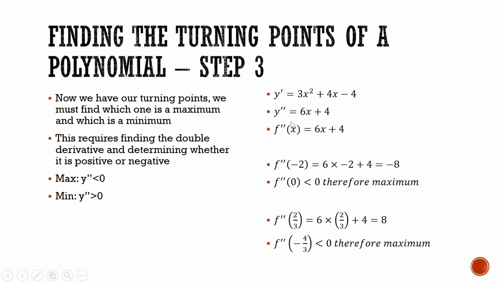So the derivative of our derivative is 6x plus 4. Substitute -2 in to get -8, so therefore it is negative. So at x equals -2, our turning point is a maximum. When we substitute in our second turning point, 2/3, we end up with 8, so this therefore is a maximum.